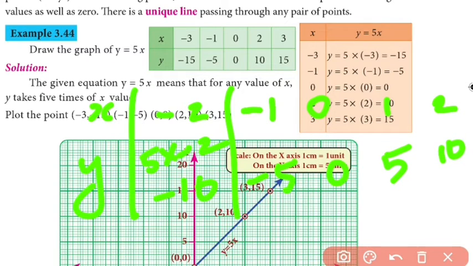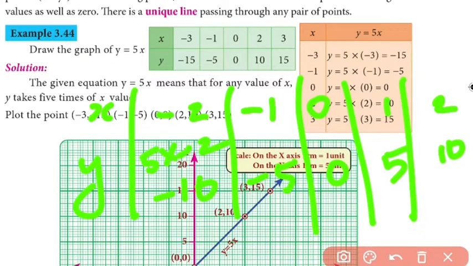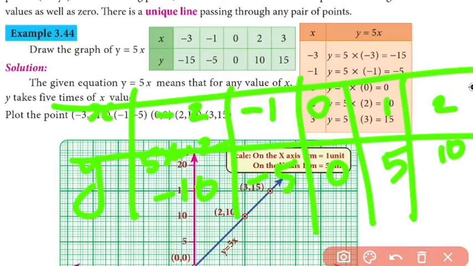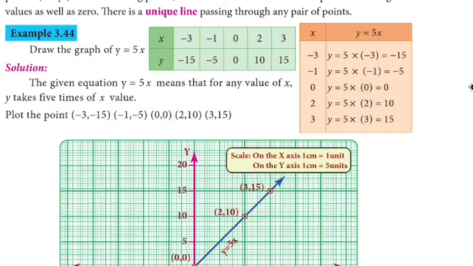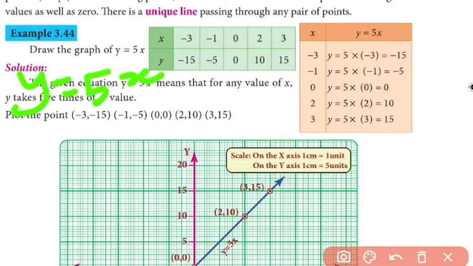So this is a table, and based on this table we can draw the graph. I repeat, they gave y equal to 5x. So x values I take minus 2, minus 1, 0, 1, 2.